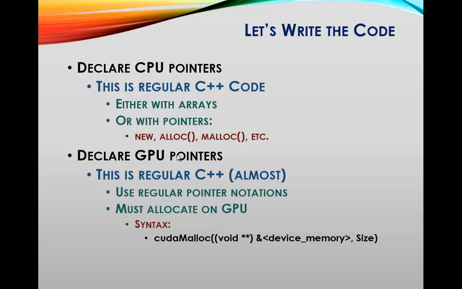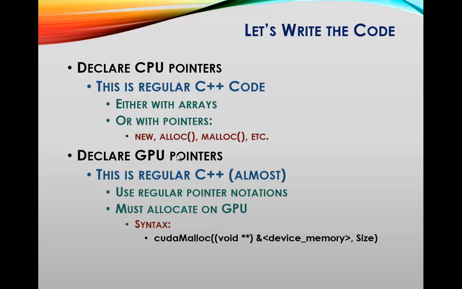Declaring the CPU pointers is actually straightforward. It's regular C. You can either use basic simple arrays for static memories, or rather for local memory patterns. If you just go with basic arrays, the problem is that you won't be able to dynamically allocate, which means that you will be bound to the size of the static allocations that you can have with your compiler.